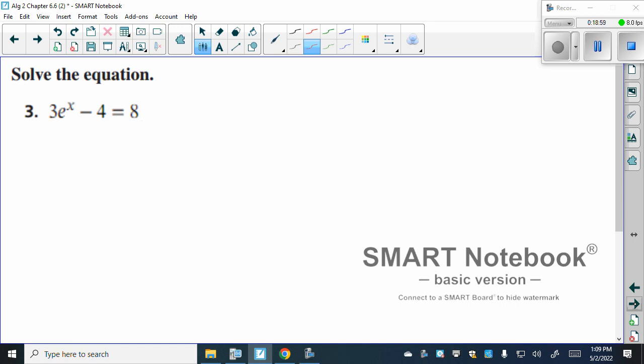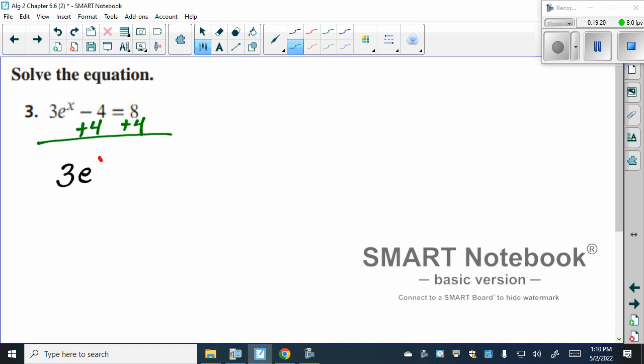So we have 3e to the x minus 4 is equal to 8. So again, the first thing we need to do is to get e by itself. So the first thing we can do is to add 4 to both sides, because we need to move everything over with addition and subtraction first.